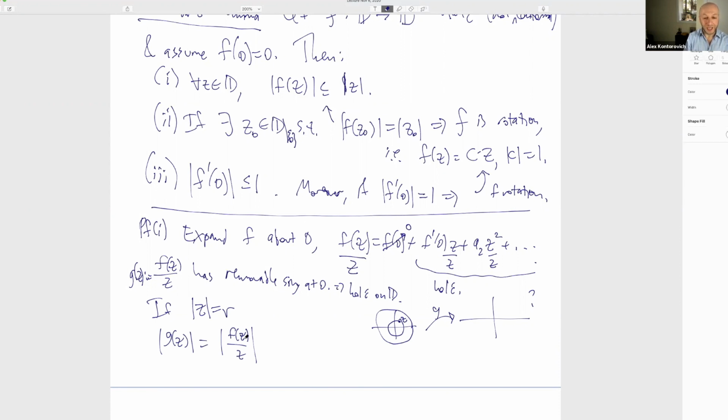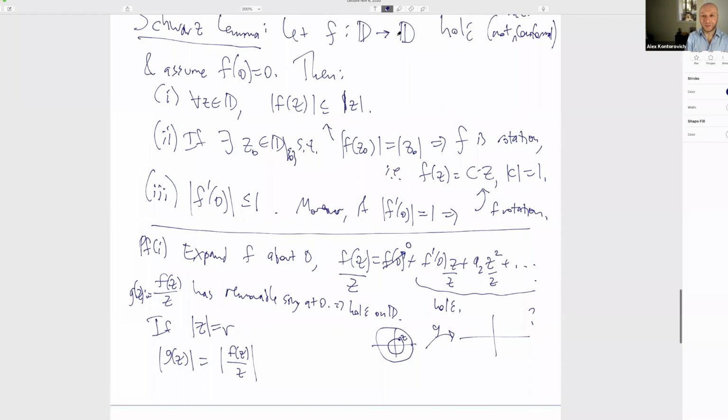Now, f is a map to the disk. And because you're mapping to the disk, this implies f of z in absolute value is less than 1, that the image is the disk. And so f of z has absolute value at most 1. z has absolute value exactly r.